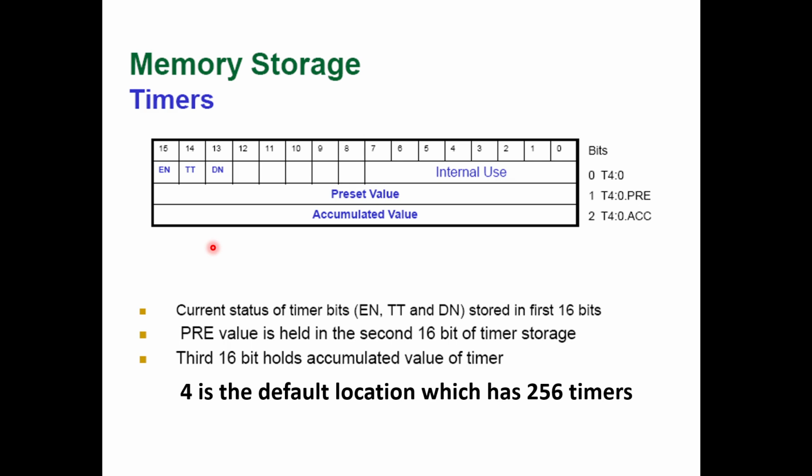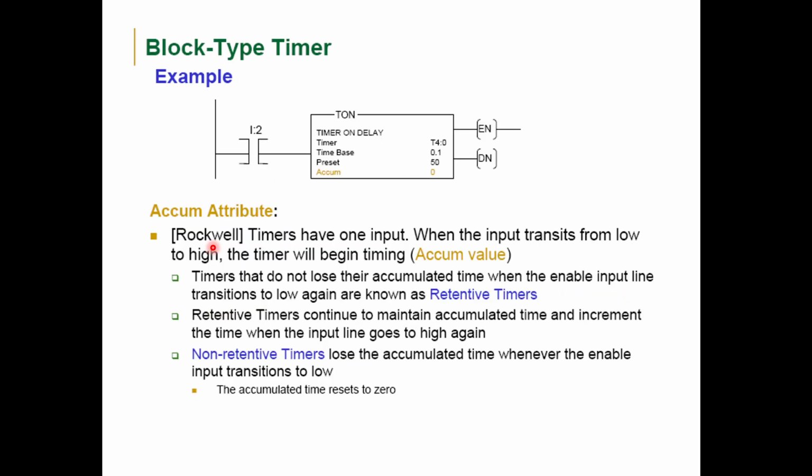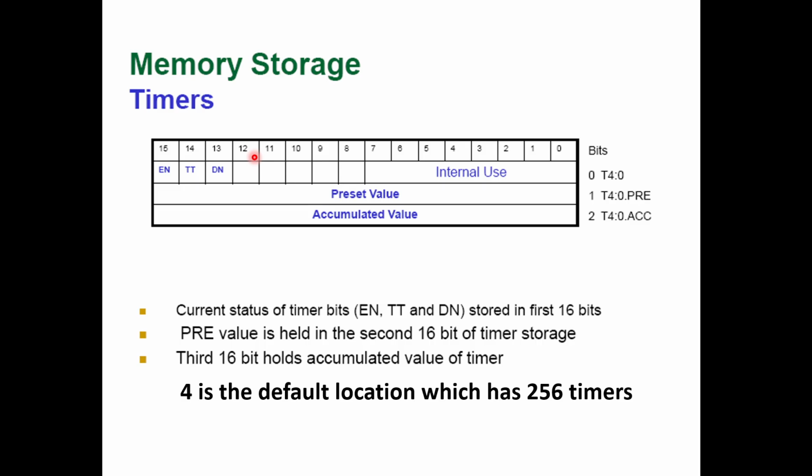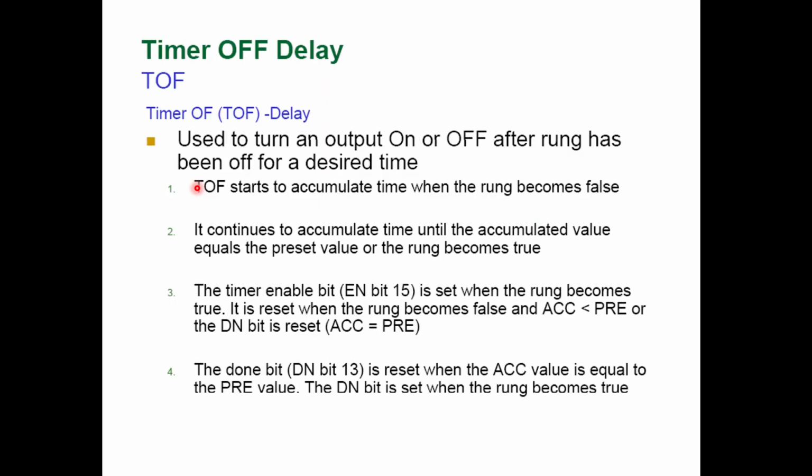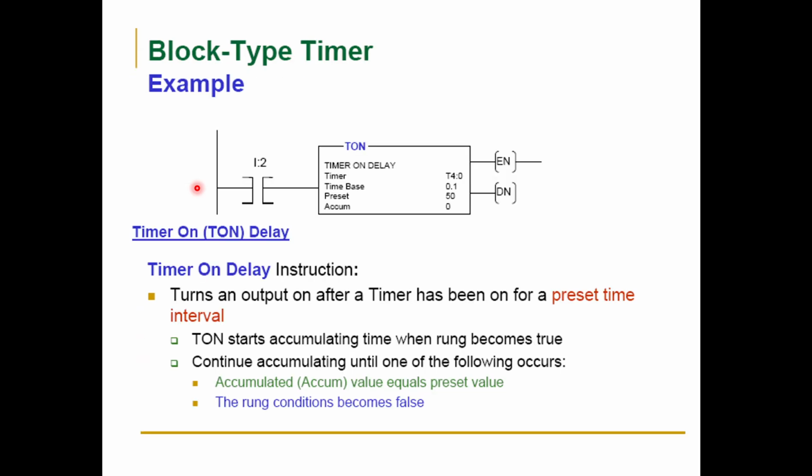Once this timer is enabled, meaning activated via this input, it will trigger the enable bit to become true, the 16th bit of the first word. Once this becomes true, the accumulator value, which is initially 0, will keep on increasing by the time base. So if it is 0.1, every 0.1 second it will go from 0 to 1, 1 to 2, 2 to 3, and so on.